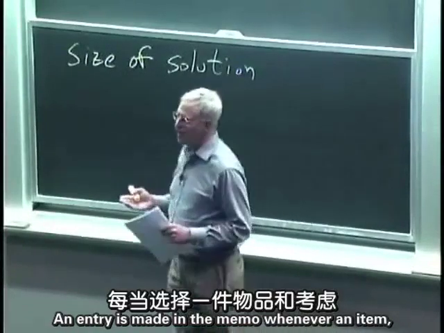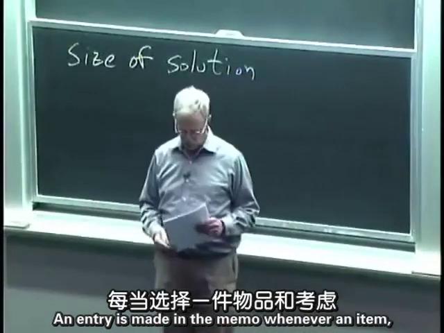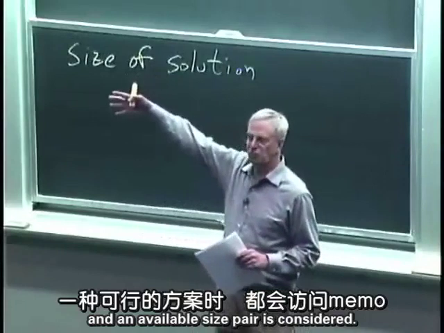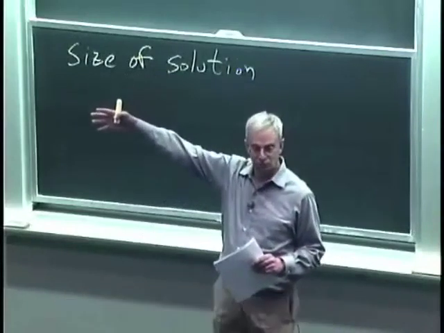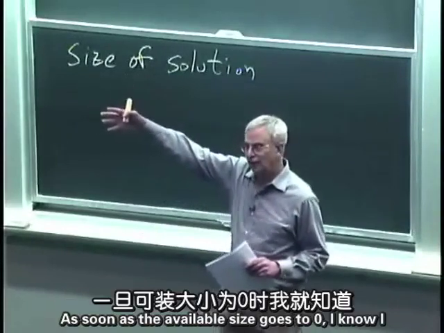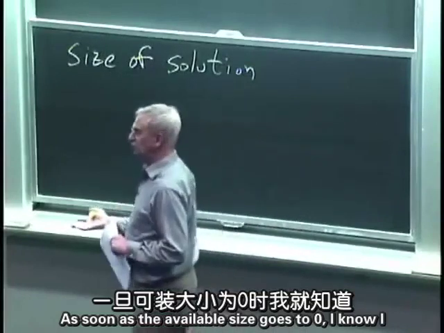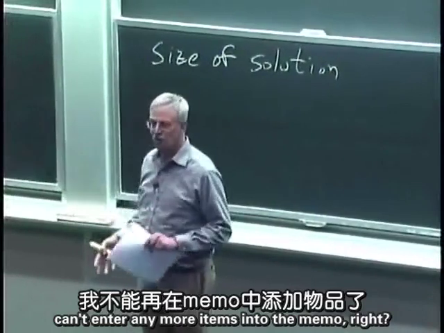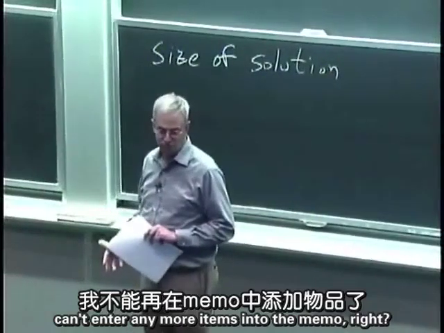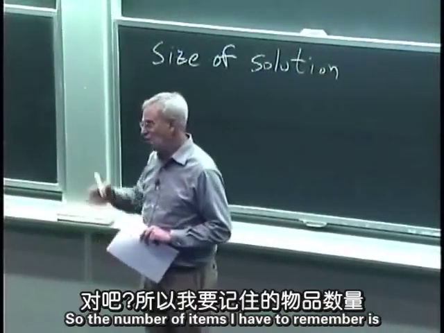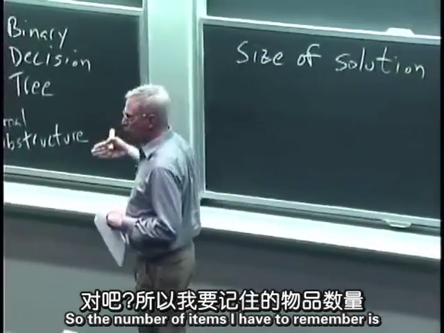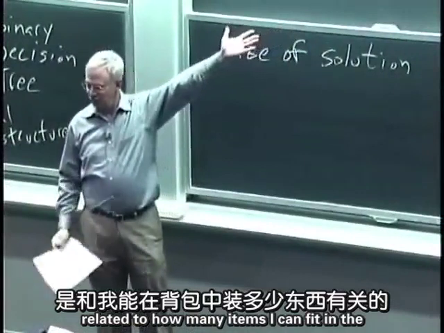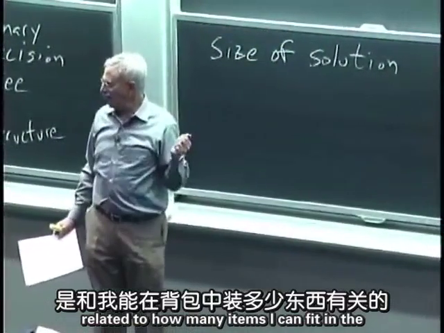An entry is made in the memo whenever an item and an available size pair is considered. As soon as the available size goes to 0, I know I can't enter any more items into the memo, right? So the number of items I have to remember is related to how many items I can fit in the knapsack.